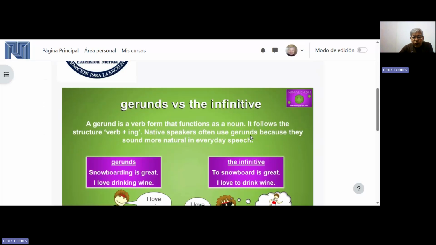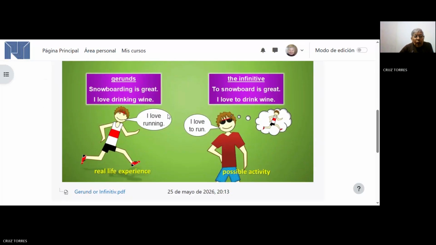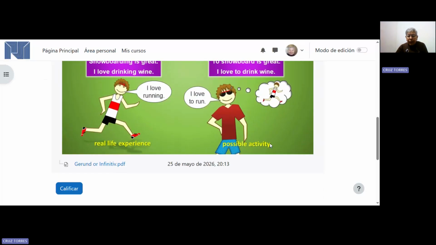Native speakers often use gerunds because they sound more natural in everyday speech. For example, gerunds: snowboarding is great. I love drinking water. I love running. Real life experience, okay? The infinitive: to snowboard is great. I love to drink water. I love to run. Possible activity.